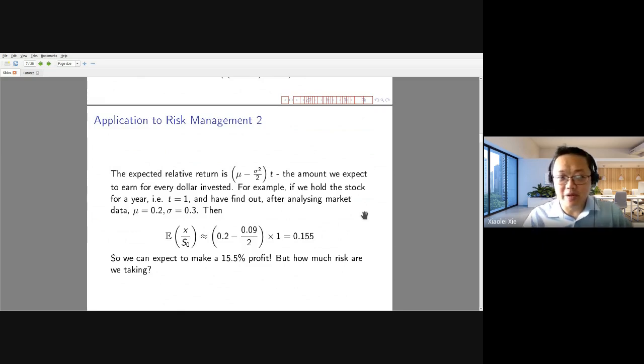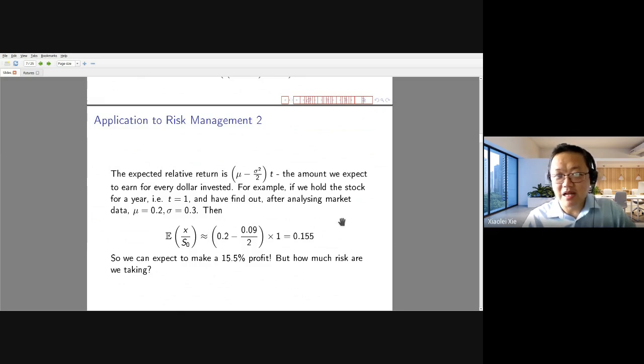So first of all, we know that our expected return can be expressed as this expression. So what is our expected return in this stock investment?